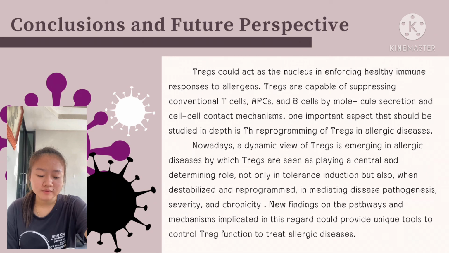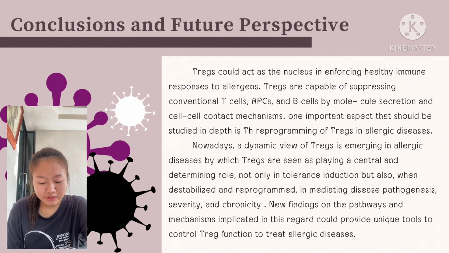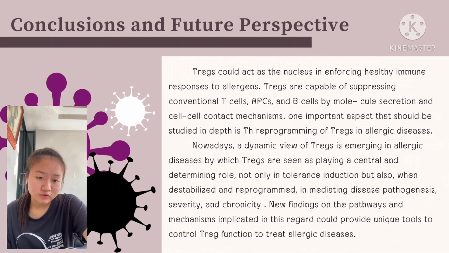Nowadays, a dynamic view of Tregs is emerging in allergic disease by which Tregs are seen as playing a central and determining role, not only in tolerance induction but also when destabilizing and reprogramming, and in mediating disease pathogenesis, severity, and chronicity. New findings on the pathway and mechanism implicated in this regard could provide unique targets to control Treg function to treat allergic disease.